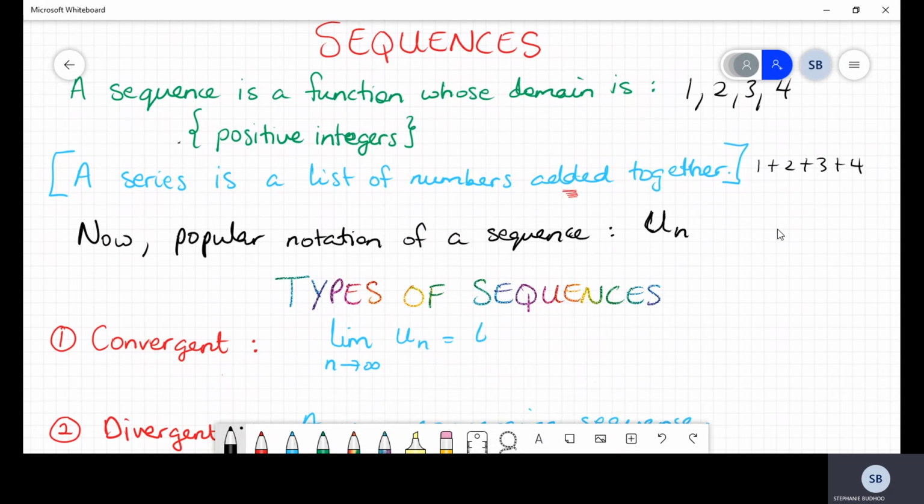What does this mean? So you sit there and you think to yourself, I read the English, but I don't understand what it means. Well, a mathematical notation for it is represented by the following. You would frequently see the limit of your sequence, u subscript n, as n approaches infinity is equal to L, or some number. So let me try my best to explain.